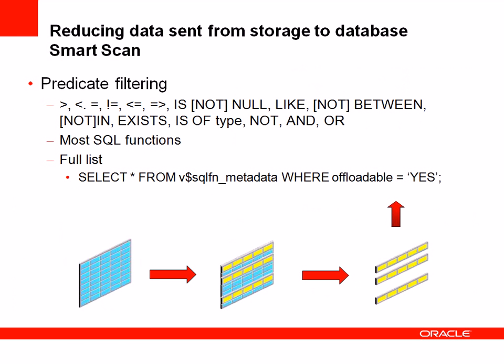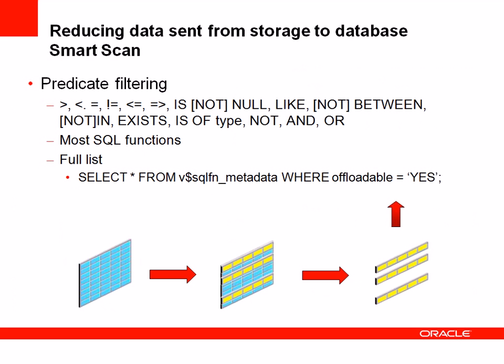So what's done in a Smart Scan? There are two basic things that are done. One of which is what we call predicate filtering. Predicate filtering says, I've got a where clause, and here are all the relational operators that you can use in a where clause.